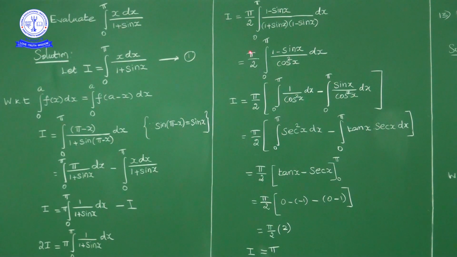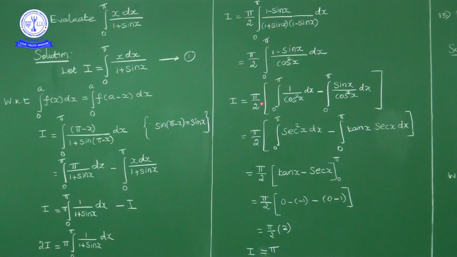So I is equal to pi by 2 into integral 0 to pi 1 minus sin x upon cos square x dx. So I is equal to pi by 2 into integral 0 to pi 1 by cos square x dx minus integral 0 to pi sin x by cos square x dx. Okay, I will separate integrals.